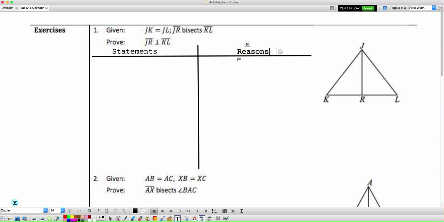So given, I know that JK is equal to JL. And I know that JR bisects KL. So those are the two things that I'm going to start with. So I'll write them in my proof first, and then I'll go through and label stuff.